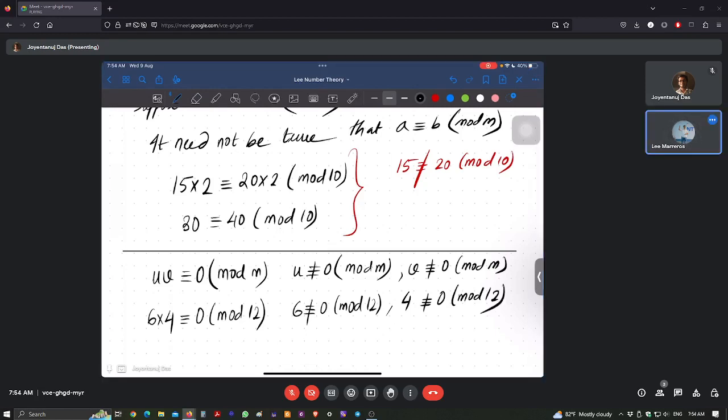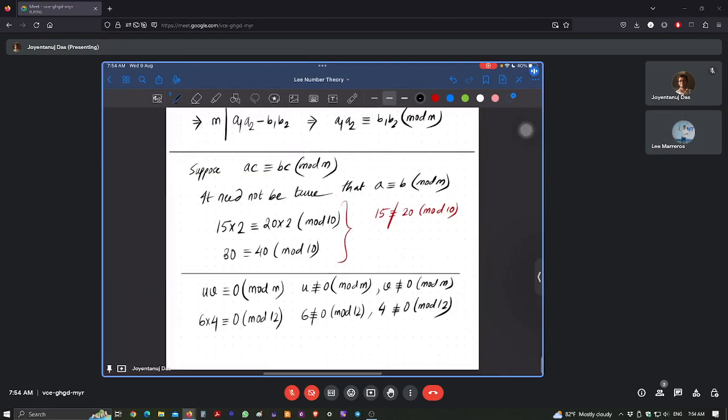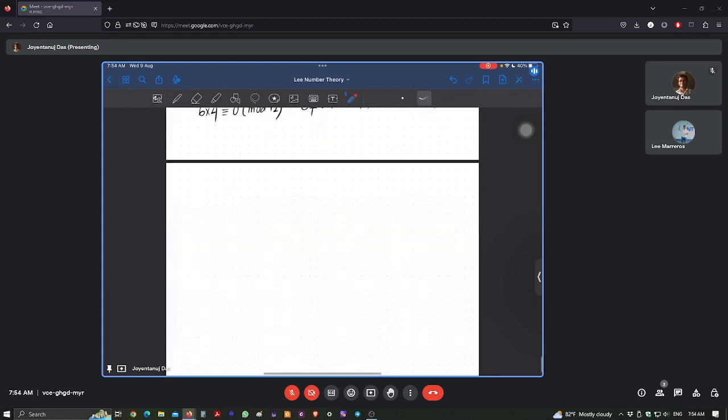But the thing we can do is, under a certain condition, if we give some restriction on C, then this will work. That is the next observation.